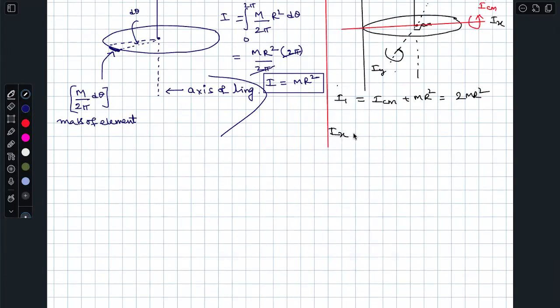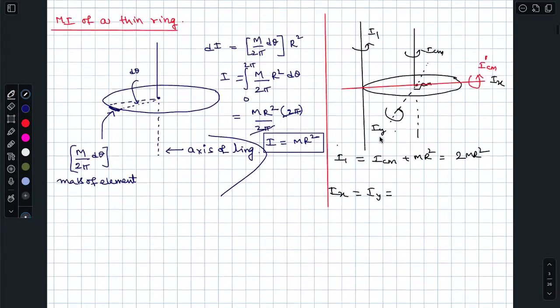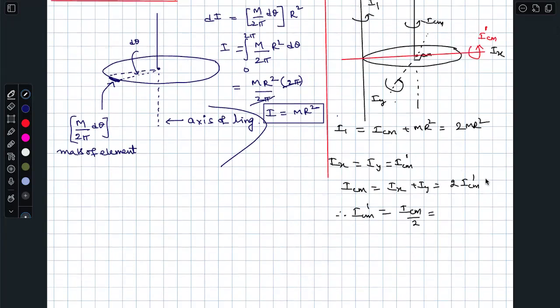But don't forget, Ix and Iy are similar axes. They are similar axes. And this is ICM dash. So therefore, ICM is Ix plus Iy, which is 2 ICM dash. Therefore, ICM dash is equal to ICM by 2, which is nothing but MR square by 2.